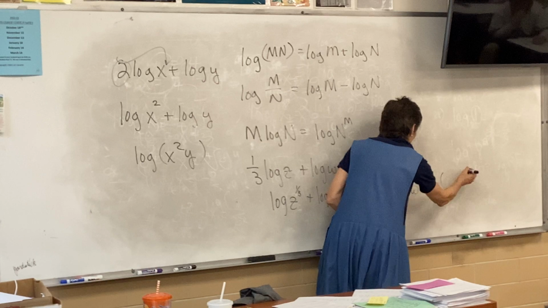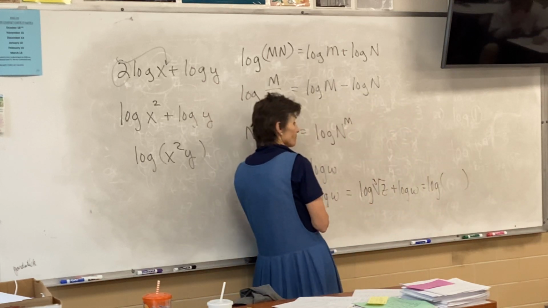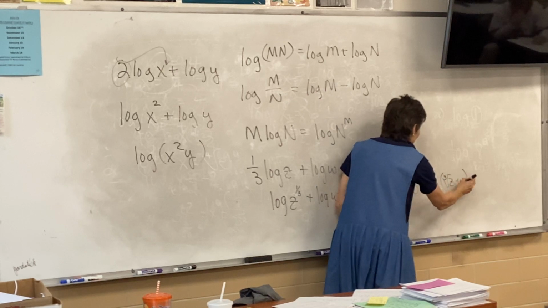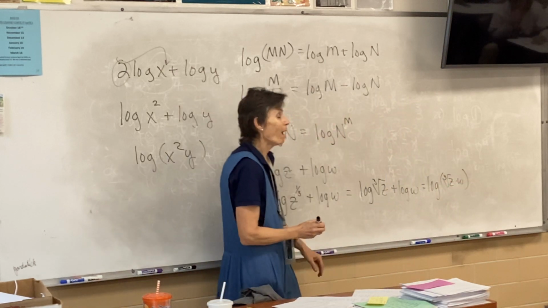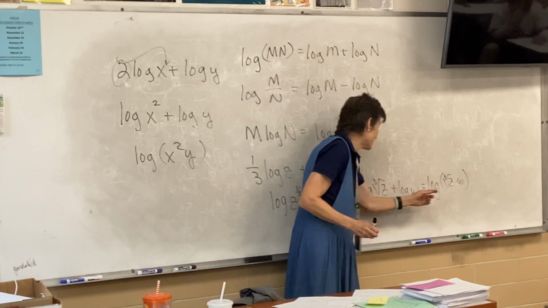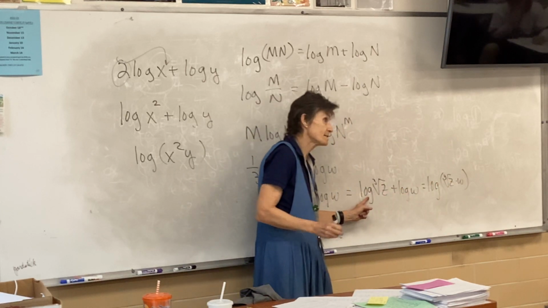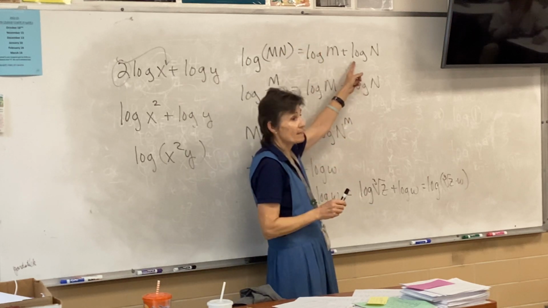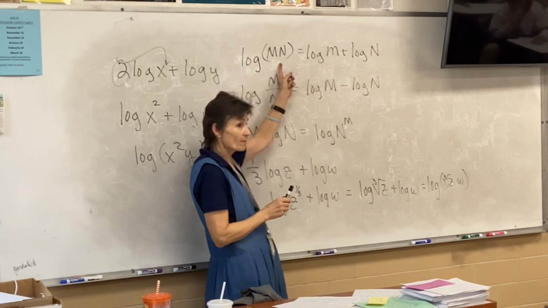Log what? Cube root of z times w, that's exactly right. Why am I putting it together as a multiply? Because the original was an add, and when the original is an add, when they go together, it's a multiply.